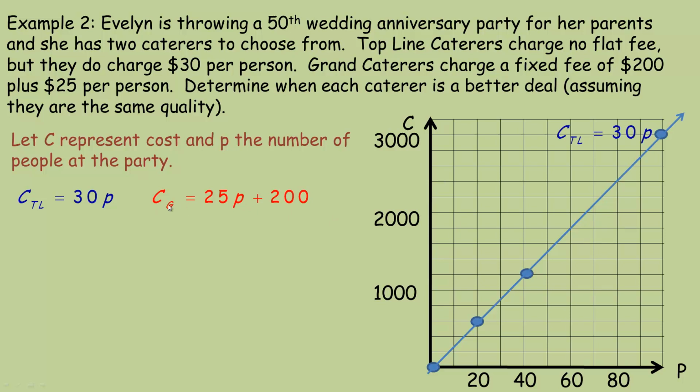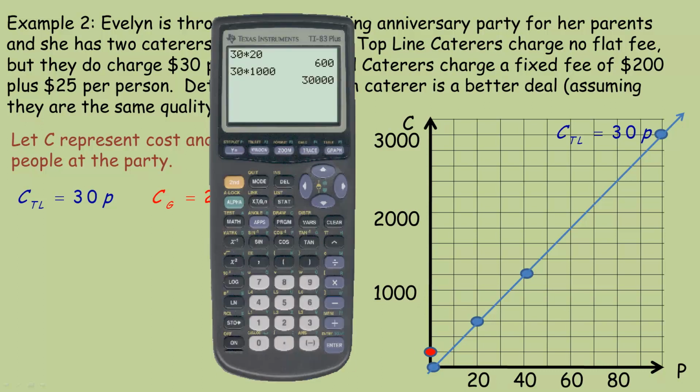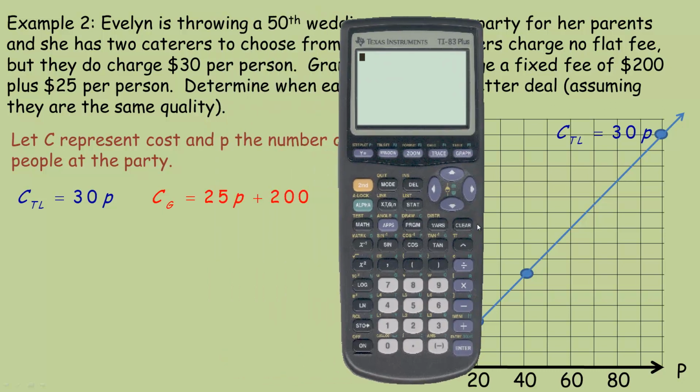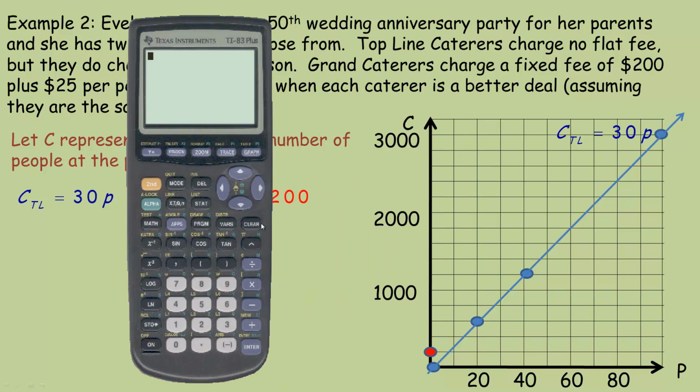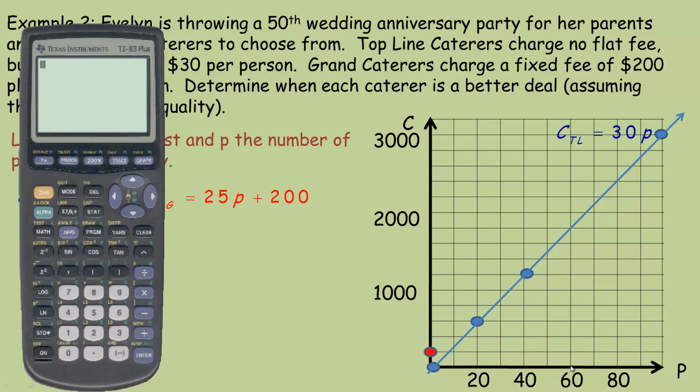Now the second one here, the grand caterer, the fixed amount is 200. So we will start with putting a point right here. And again, the slope would be 25, but I can't really go over 1 and up 25 because the scale doesn't work good for that. So what we could do instead is go and put 20 or 40 or 60 or something.